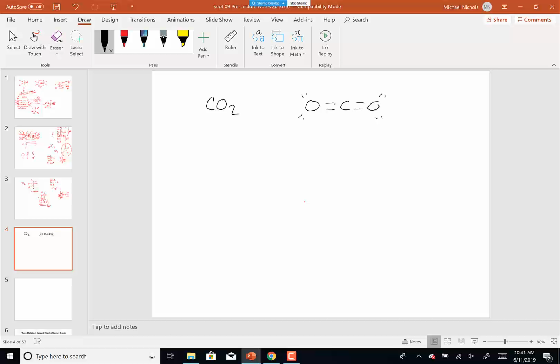Yeah. Linear. Don't be shy. If you're going to give an answer, be aggressive with it, even if you're aggressively wrong. No, you were right. So it's linear, which means it's set up like this. So there would be two dipole moments. Do they cancel? Yes.